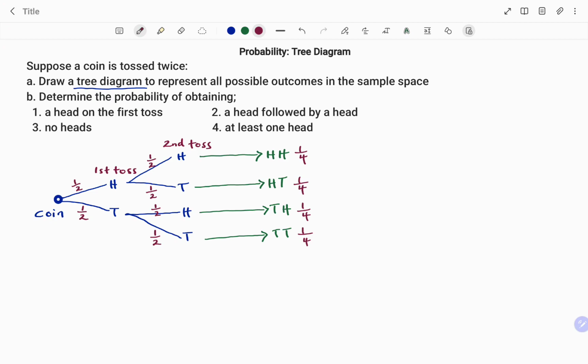We can also find that by using a tree diagram. If we check H and H, we have 1 over 2 times 1 over 2, that will give us 1 over 4. We have 1 over 2 for head and tail on the second, 1 over 2 times 1 over 2 will give us 1 over 4. And we can do that for each and every possible outcome.